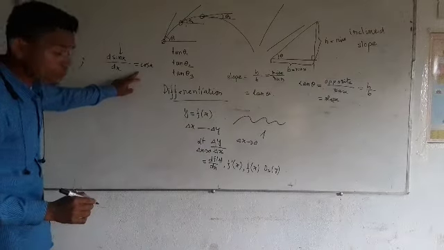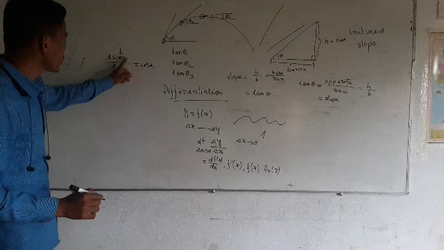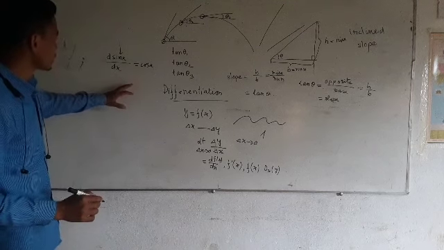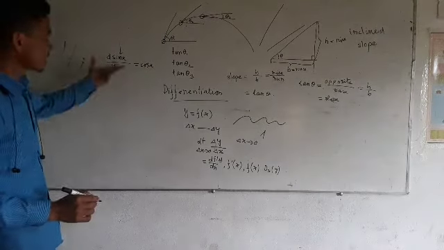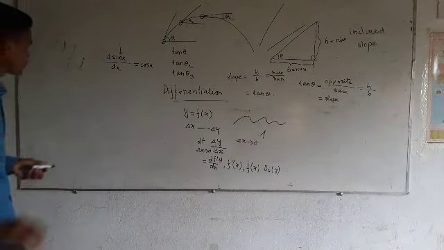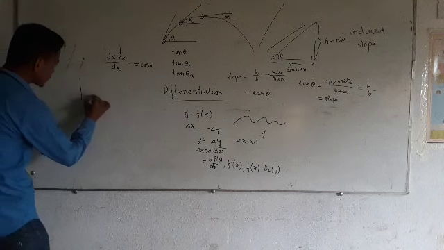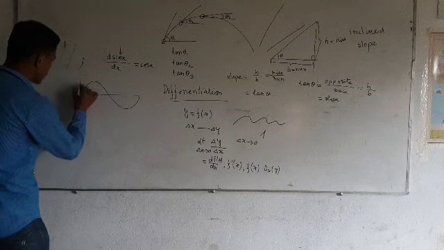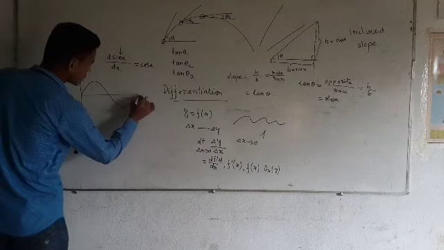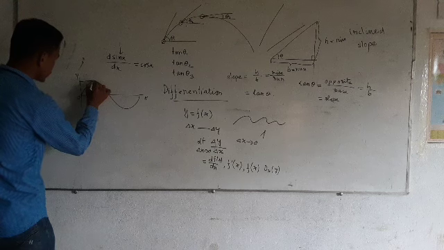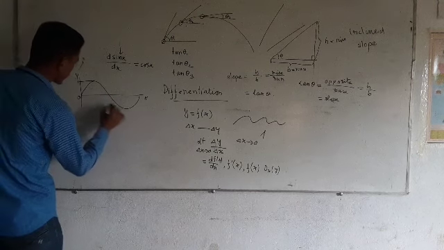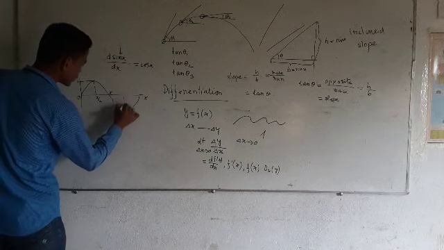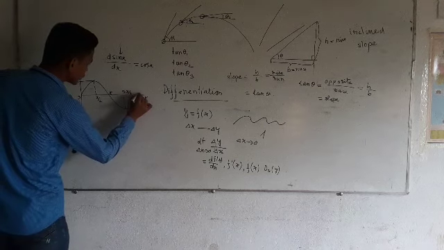To verify that, I need to draw the graph of sine x and cos x, and take their respective values at the points. Let's see. The sine x function curve is like this. This corresponds to y, this corresponds to x. This point corresponds to pi by 2, this is pi, this is 3 pi by 2, this is 2 pi.